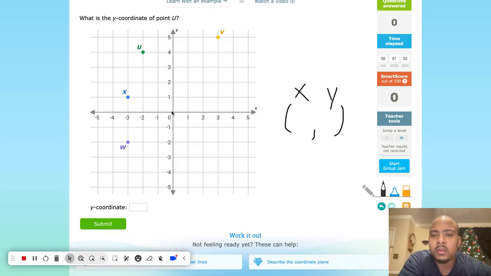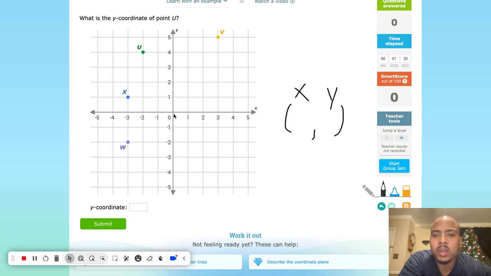The y coordinate is always the second coordinate, and it tells you vertically. If I'm thinking about directions, I want to be as specific as I can. I want the x to be represented first every time, so when I see the first coordinate, I'm thinking about the x-axis, and when I see the second coordinate, I'm thinking about the y-axis.